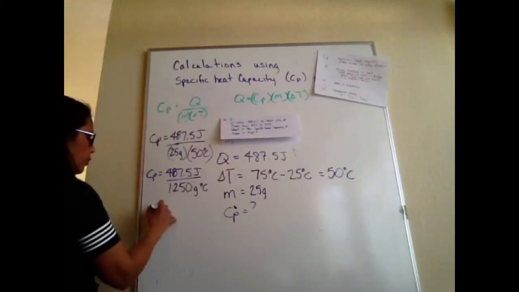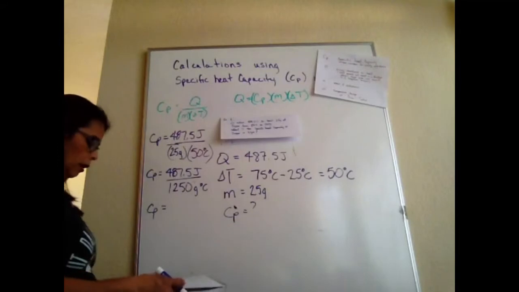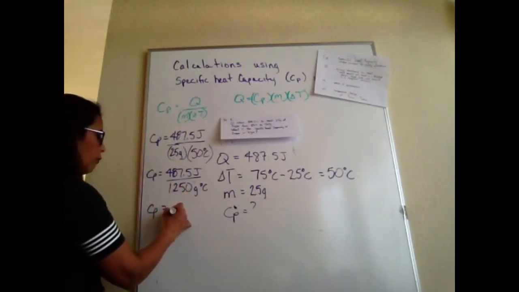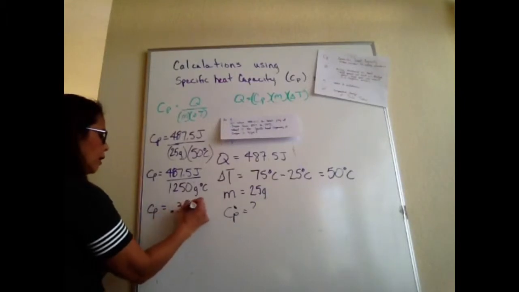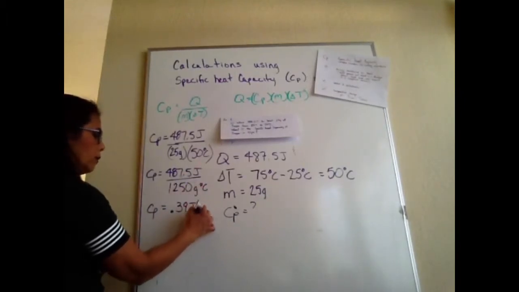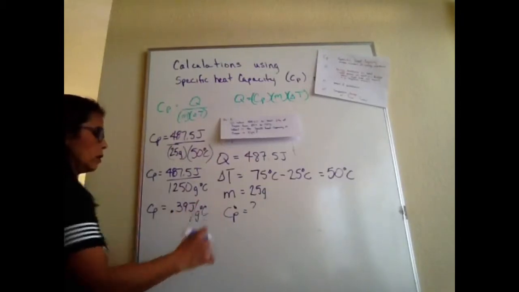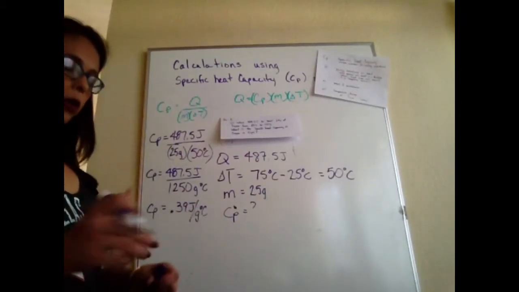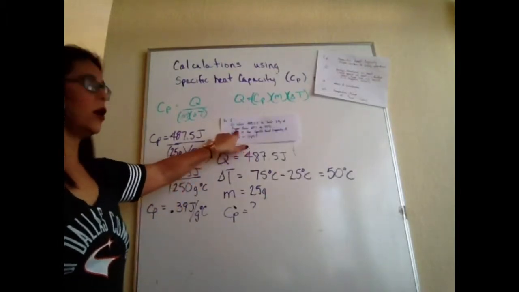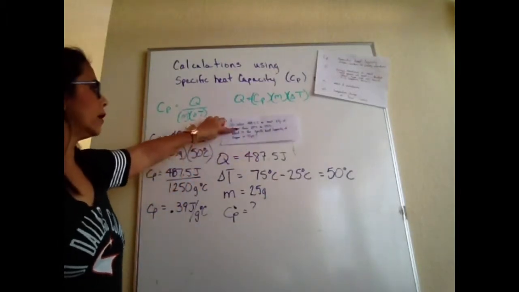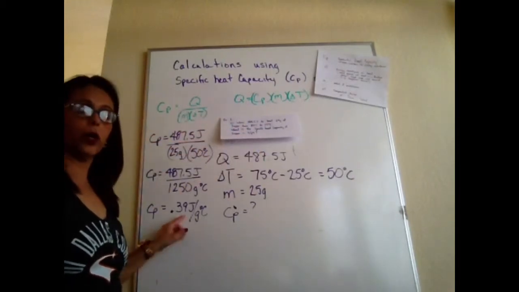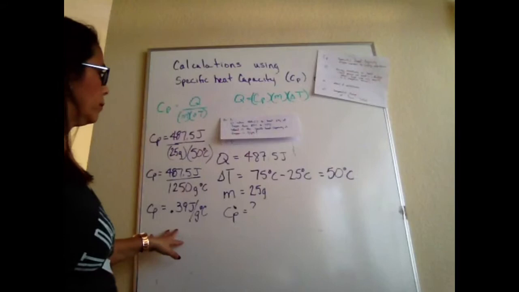If I enter this into my calculator, I end up with a Cp value of 0.39 joules divided by gram degrees Celsius. So here we could calculate the Cp value of an unknown substance. Here I knew it was copper already, but we could have had an unknown substance if I knew the rest. And going back and looking at the chart, we can determine what kind of substance this could have been.